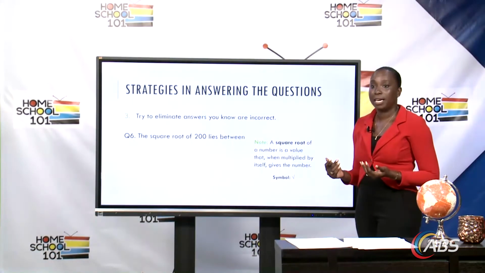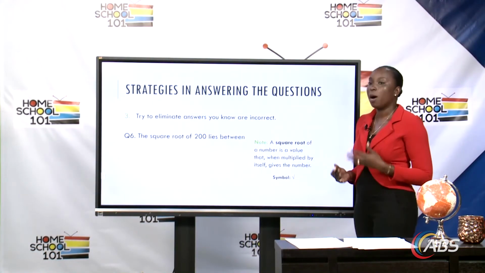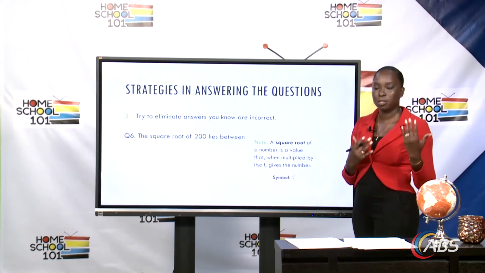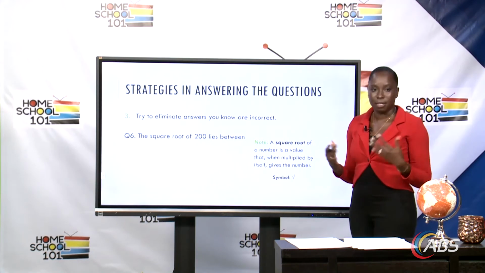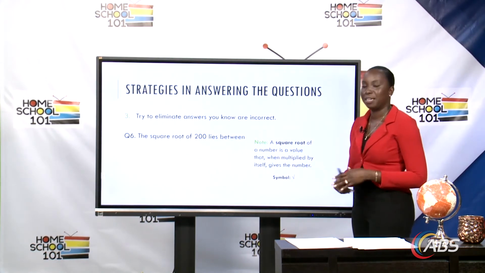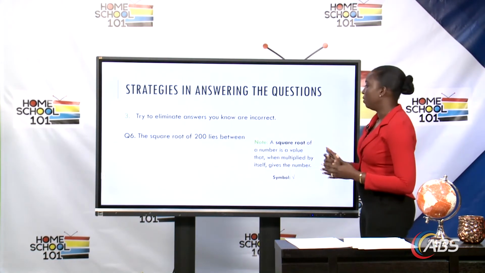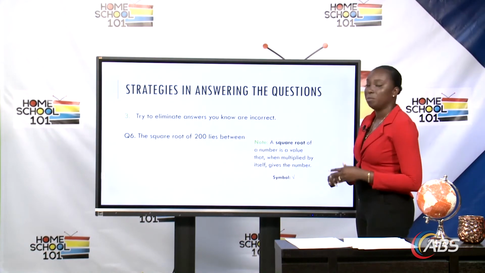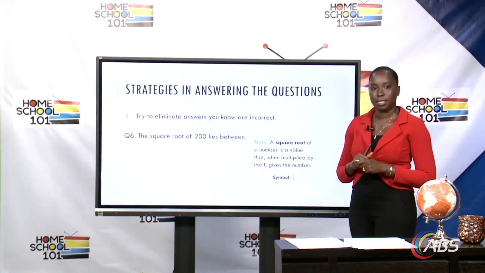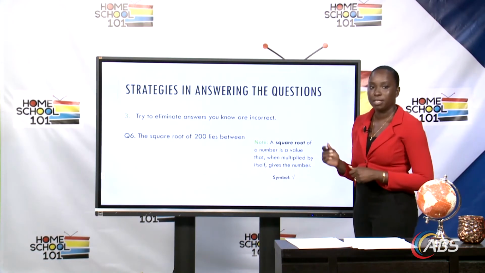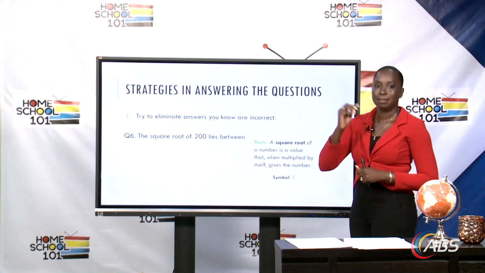So the simplest way to put it is that square root is the opposite of square. So if you know what a square is, then the opposite of square is square root. And I'll just insert, square is when you double a number. So an example of a square would be 4 times 4. So 4 times 4 is equal to 16. And so therefore, the square root of 16 is 4.